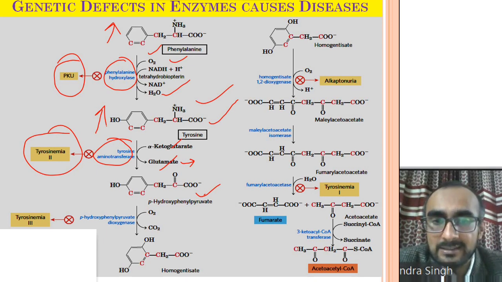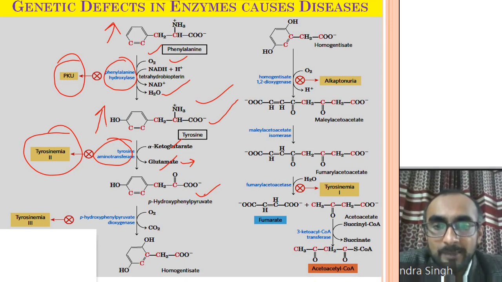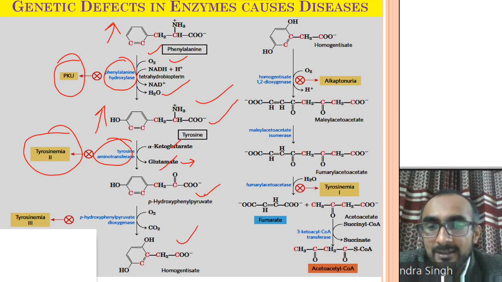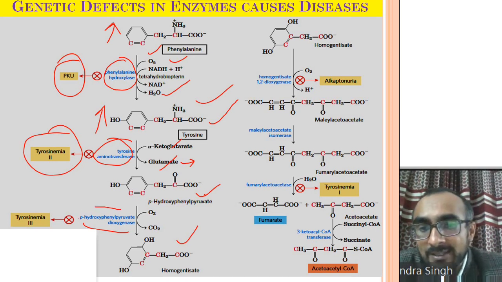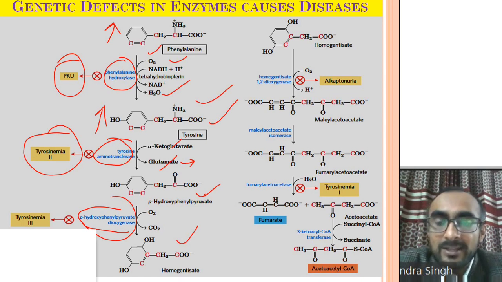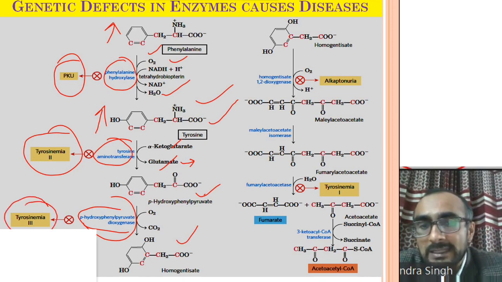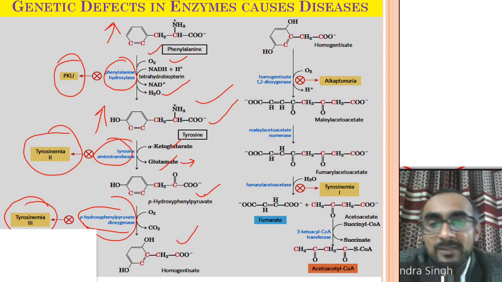accumulates, it increases. Now this para-hydroxyphenylpyruvate is oxidized to homogentisate by the enzyme para-hydroxyphenylpyruvate dioxygenase. Genetic defect in this enzyme leads to a disease called tyrosinemia 3, where para-hydroxyphenylpyruvate increases in concentration.